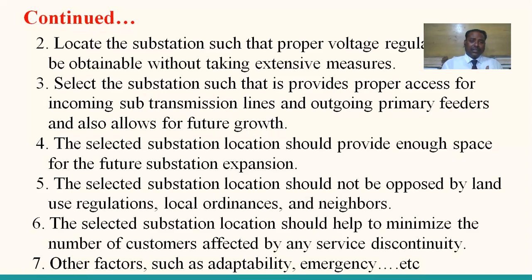In future, if there is any failure of the system, is there any provision for taking power from the other substations? That is the adaptability. And emergency: any emergency where high power is required for doing something. So obviously the substation should be able to supply power in emergency conditions also. So these are the 7 rules and regulations to be adopted for locating the substation.